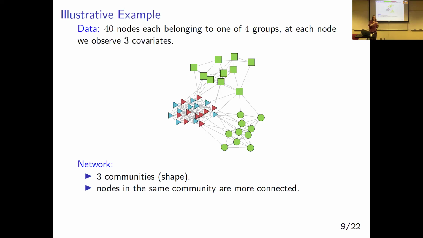Basically, if you were to plot out your covariate measurements as points in space, you would get 3 clusters, and this is distinguished by color. So we've got green, blue, and red. If I go to a red node here, that's going to be some red cluster mean, maybe plus some noise. That's what you would observe. So all the measurements on all the red nodes are going to be roughly the same. And then same thing for blue and green.